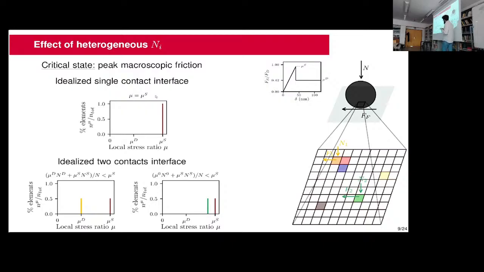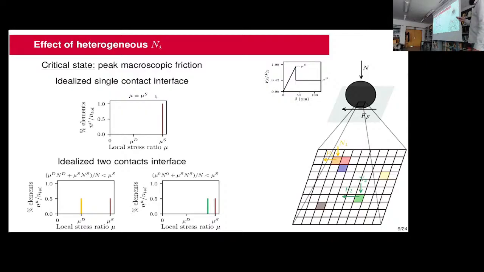In both cases, what you can see is that the addition of asperities that are not sliding at the same moment as the critical asperity will decrease the average friction coefficient, because in our model, the macroscopic friction is just the sum of the contributions of all asperities.